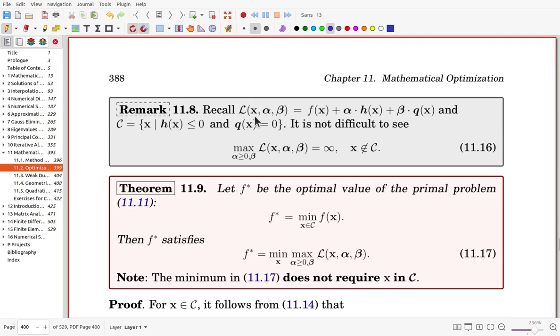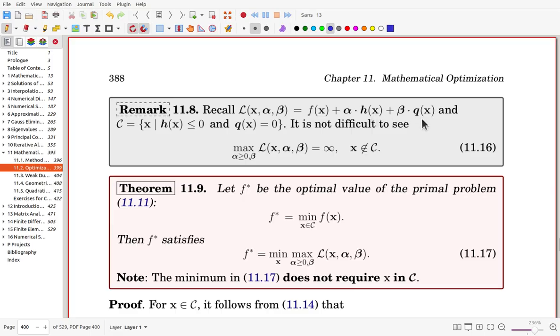Now for this Lagrangian, once x is not in the feasible set, so at least one of the conditions is broken, then the maximum of the Lagrangian goes to infinity. For example, if one of the inequality functions is positive, then by choosing the corresponding alpha very large, we can make it infinity.